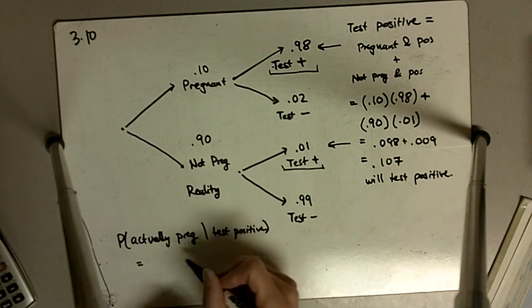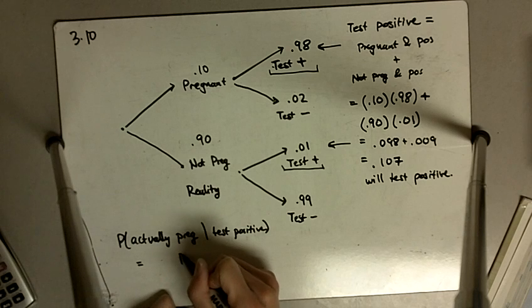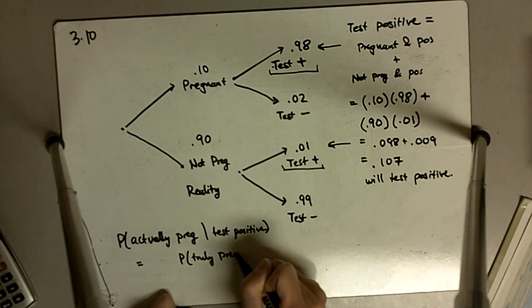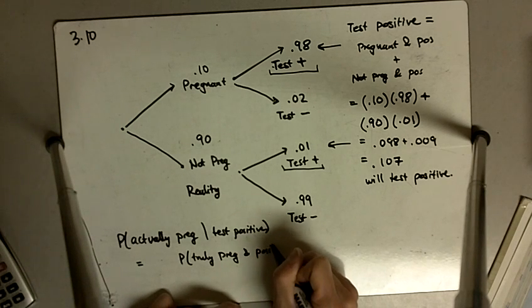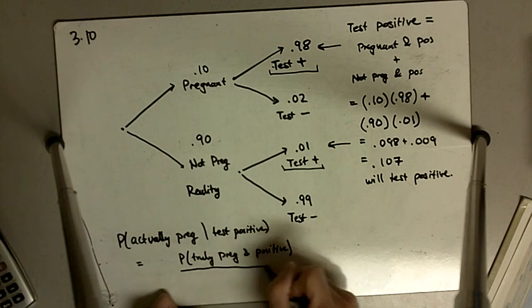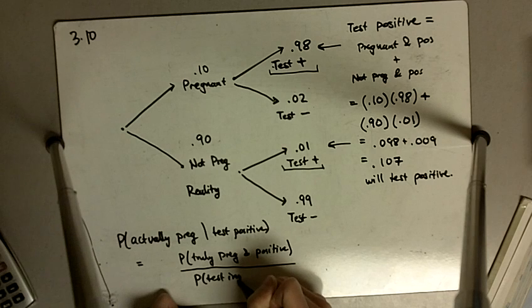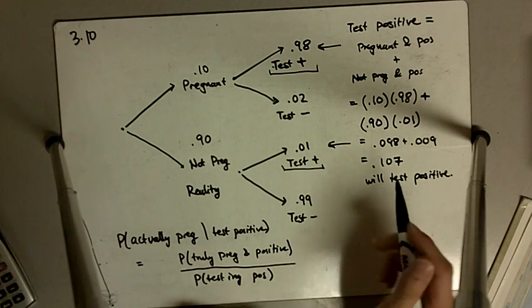So the formula for this will be the probability of being truly pregnant and testing positive, divided by the probability of testing positive, which is what we did in the previous exercise.